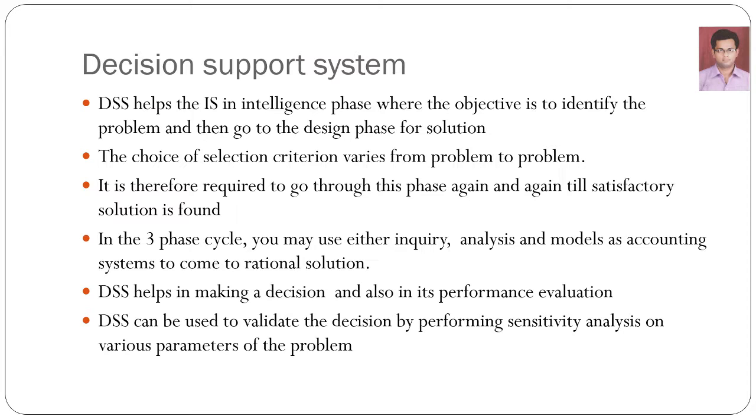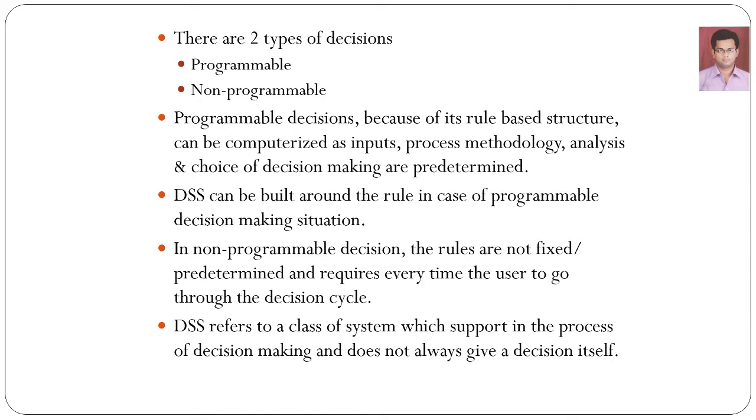In the three-phase cycle, you may use inquiry, analysis, and models such as accounting systems to come to a rational solution. DSS helps in making a decision and also in its performance evaluation. DSS can be used to validate the decision by performing sensitivity analysis on various parameters of the problem.